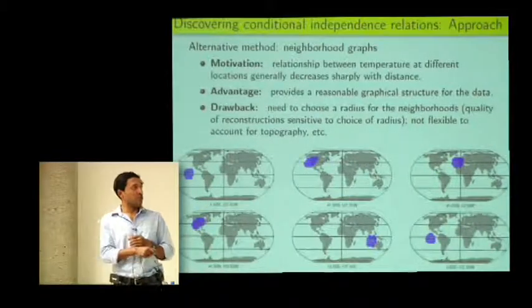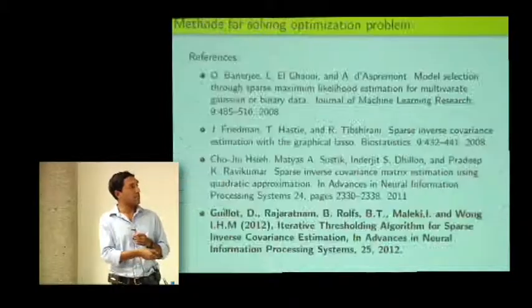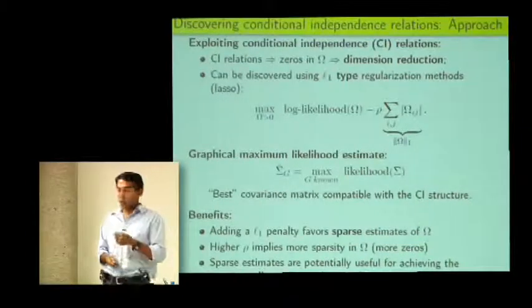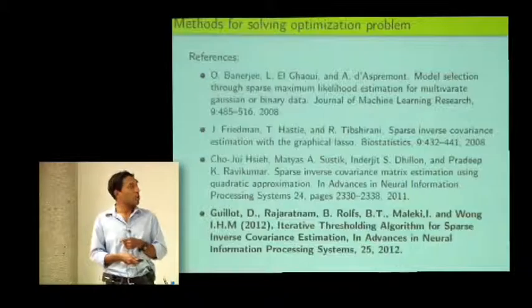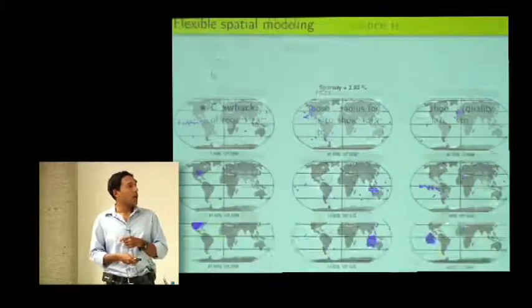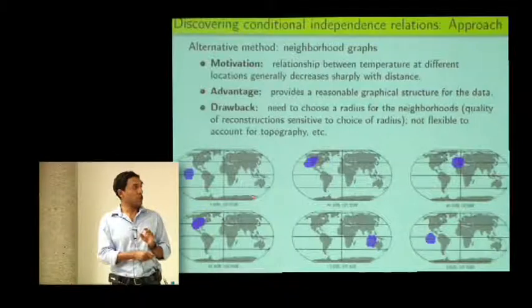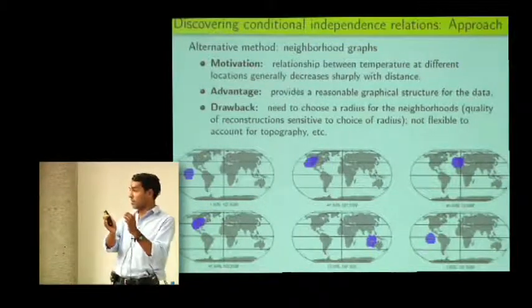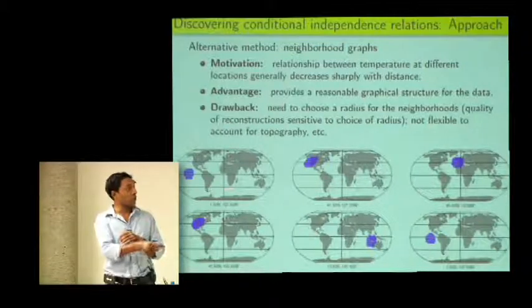Another alternative method is, instead of solving this problem, maximizing this log likelihood or penalized log likelihood, we could also do something else. We could say, I don't want to maximize a function. I want to take each point in the inverse covariance matrix and just get neighborhoods around them, like what we have done here.